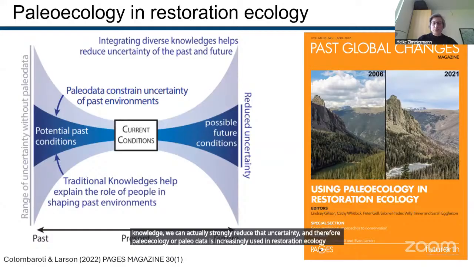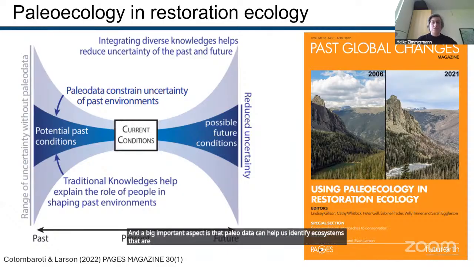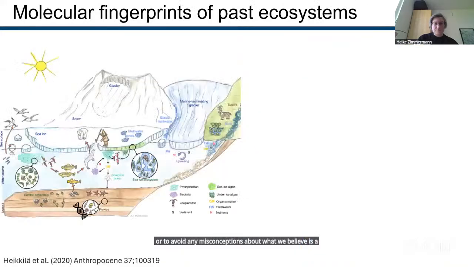And a big important aspect is that paleo data can help us identify ecosystems that are looking vastly different from today. And especially in Europe, where we have successional stages of cultural transformations, it is important to avoid any misconceptions about what we believe is a natural ecosystem.